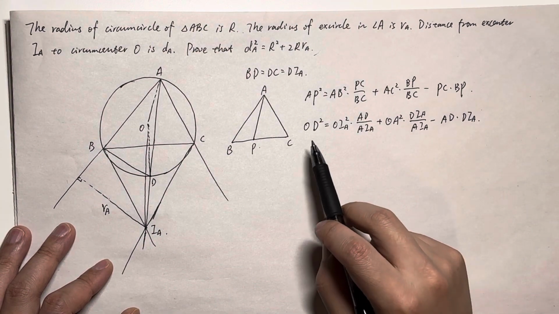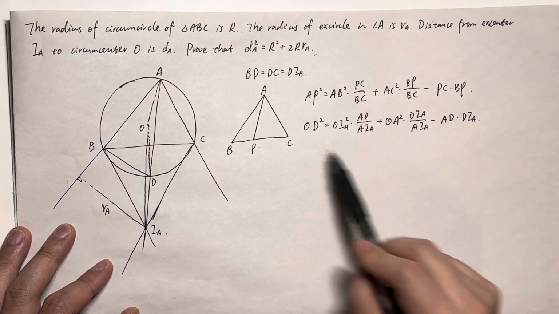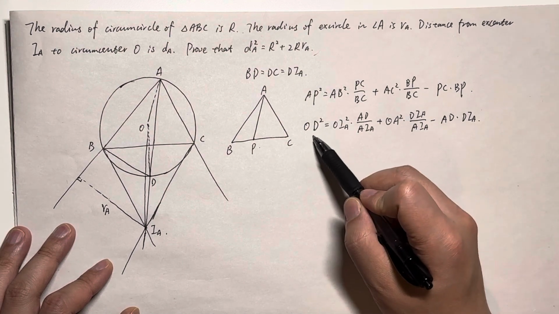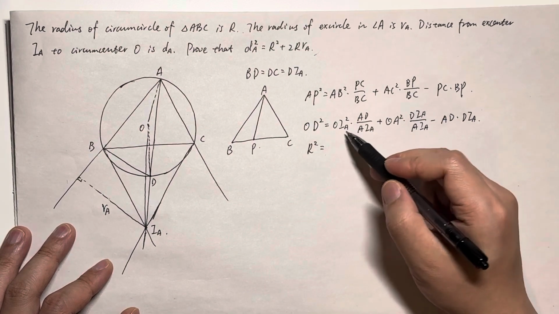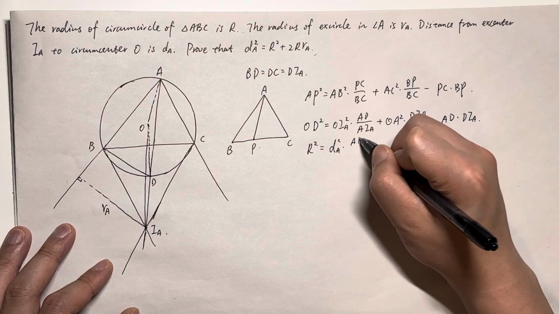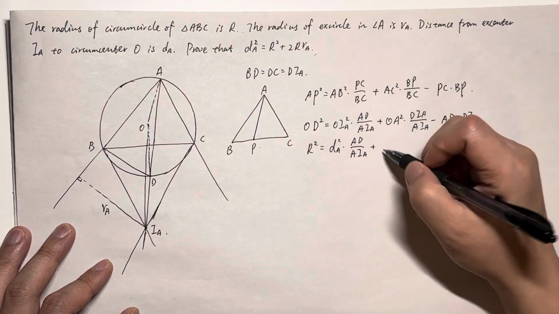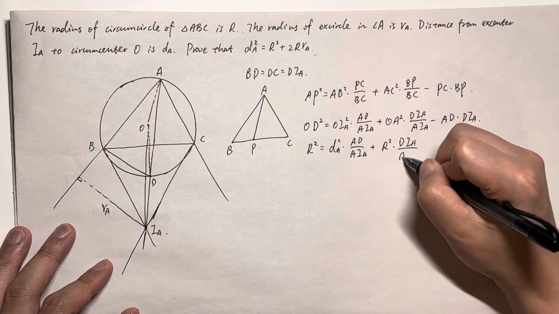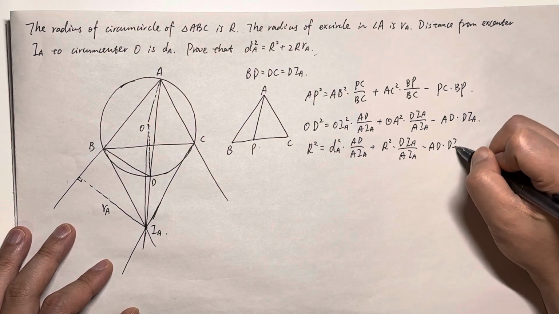Let's use RA, R and dA to replace some segments here. OD squared, that is R squared, equals OIA squared, that is dA squared, times AD over AIA, plus OA squared, that is R squared, times DIA over AIA, minus AD times DIA.